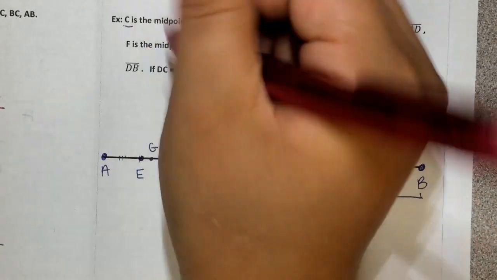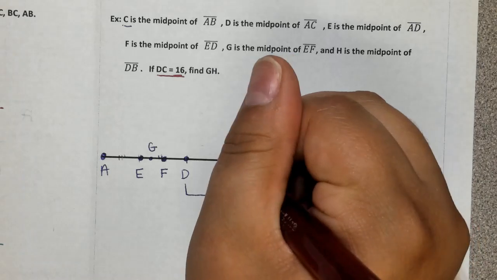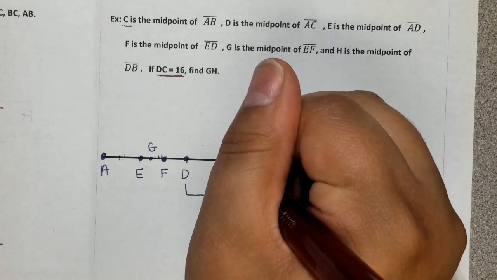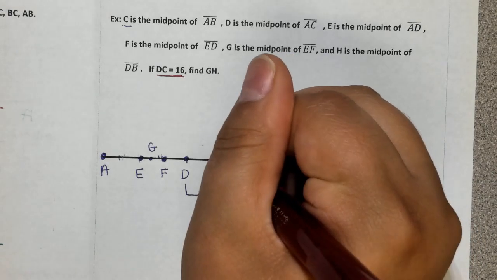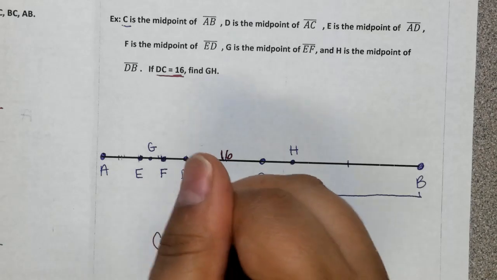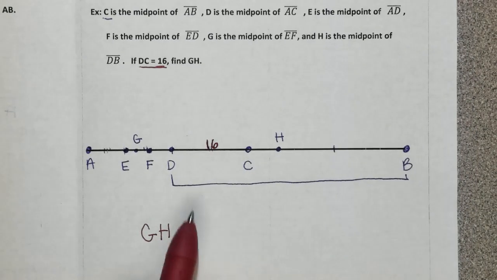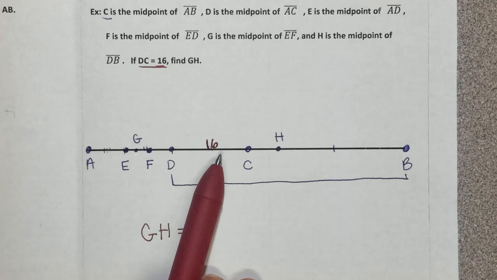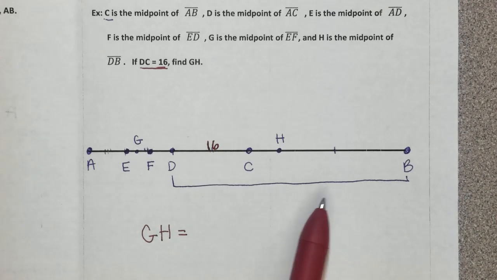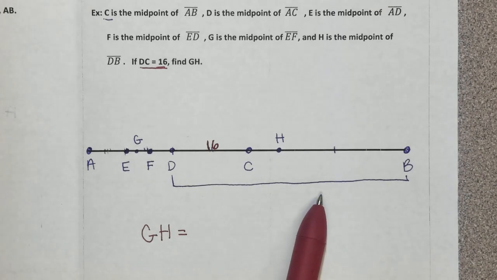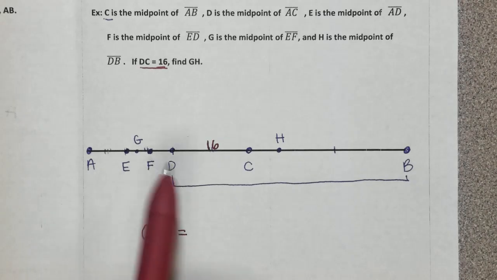If DC is 16, so right here is 16, I want to know what is GH. So if I know DC is 16, what do I know on top of that? I know AD is 16, right?